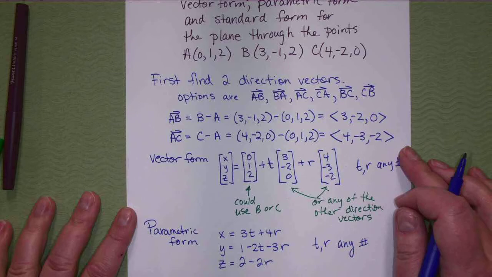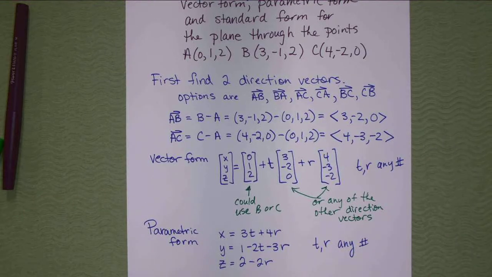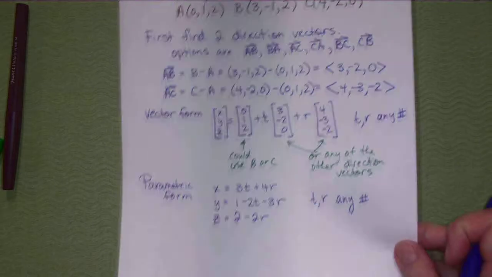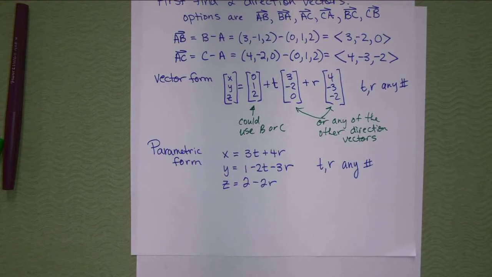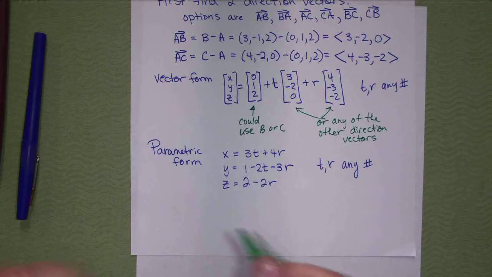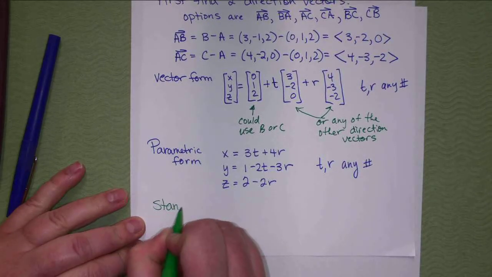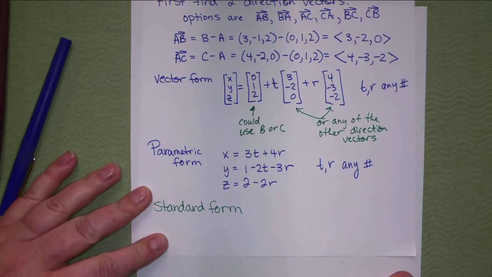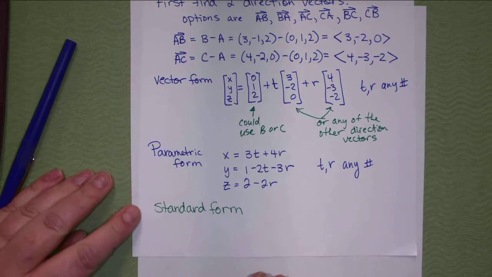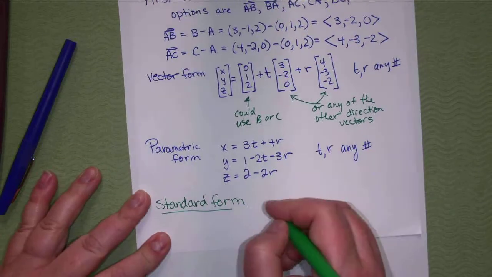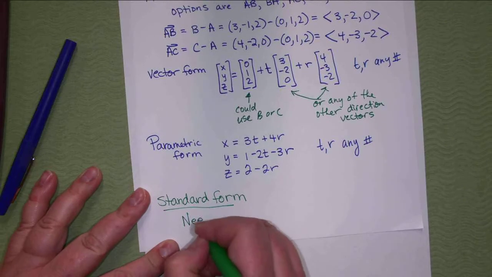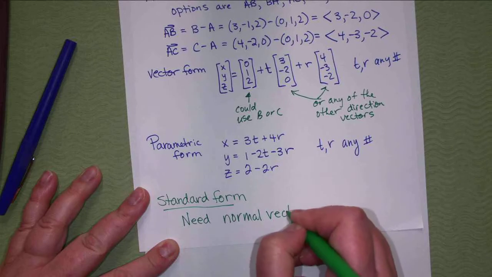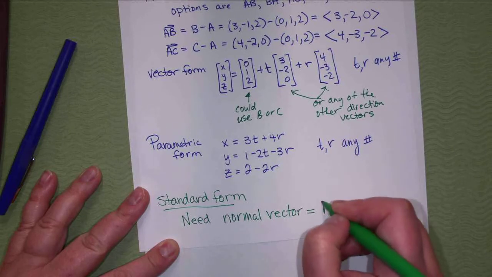Okay, so standard form. To find standard form, instead of the slope, we use what's called the normal vector. So we need the normal vector, which is denoted with an N instead of M for slope.